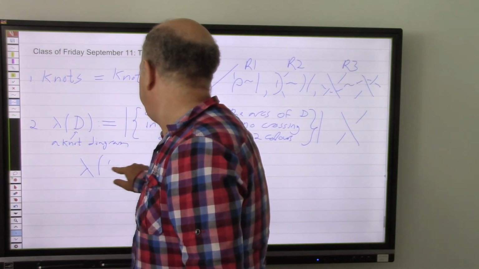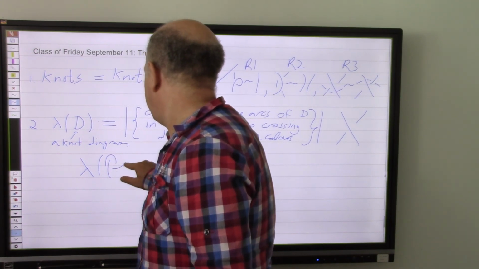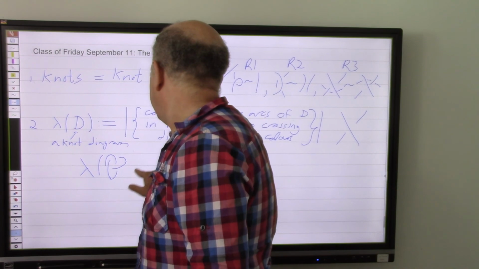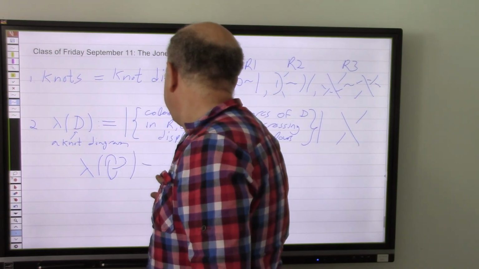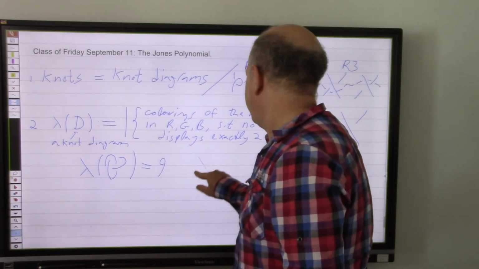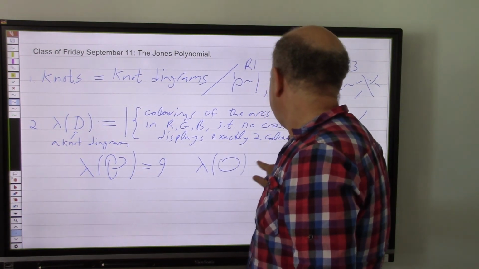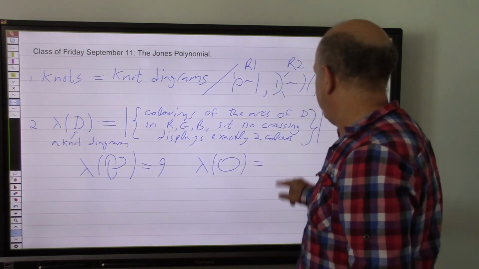And then we computed that lambda of the trefoil knot is equal to 9, and lambda of the unknot is equal to 3.